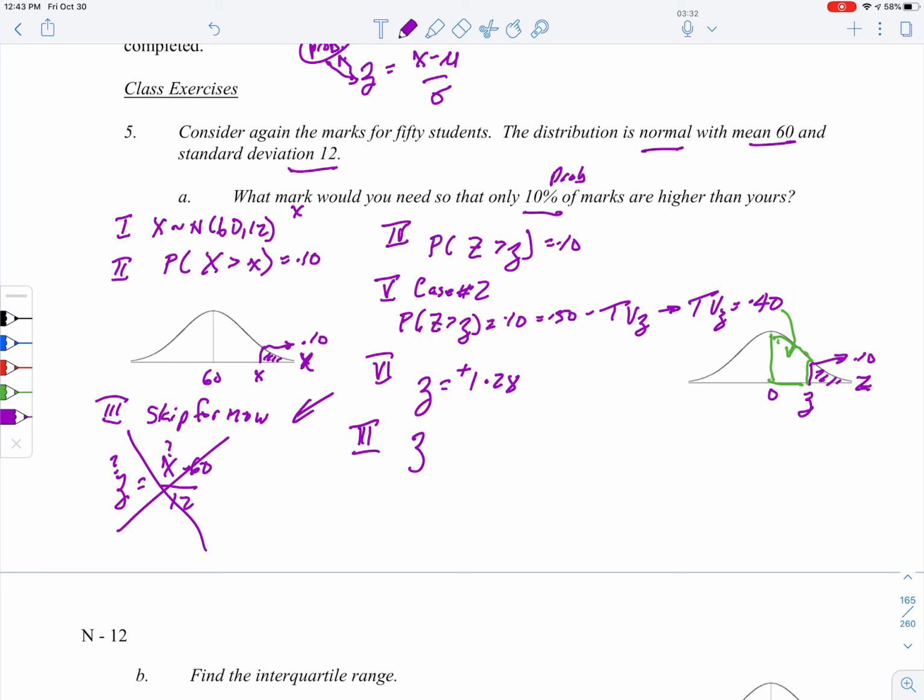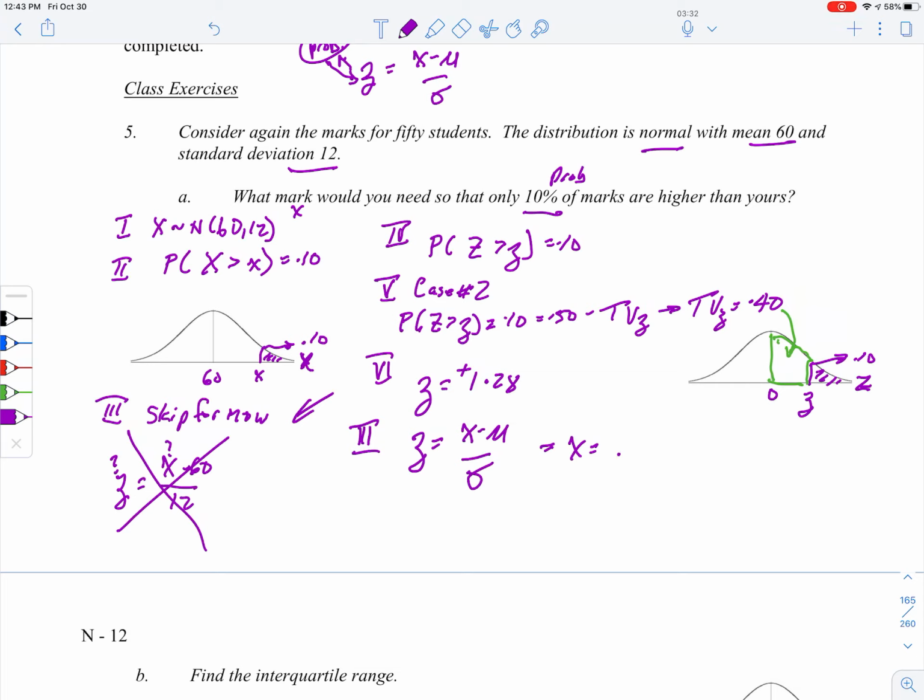So step number 3 says that z is equal to x minus mu over sigma. And so we could solve for x here.